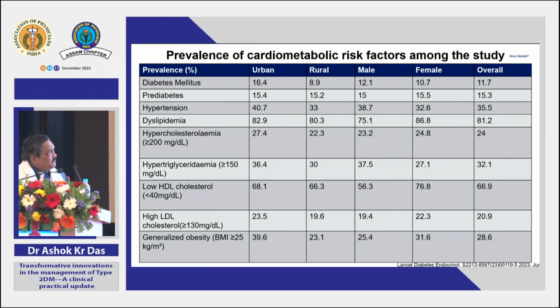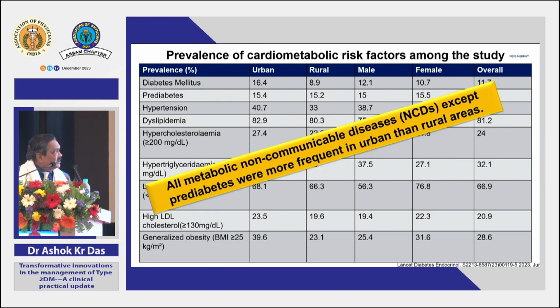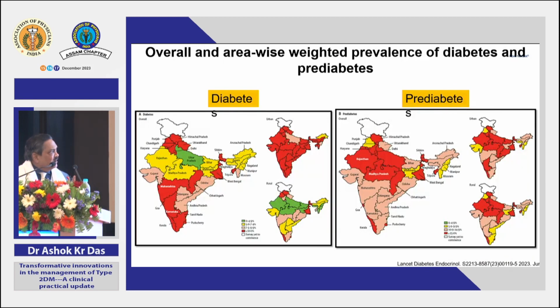You can find the urban-rural divide, but again to draw attention, even though the diabetes was only 9% in rural areas, you find the pre-diabetes was 15.2, almost equal to the urban. And these pre-diabetics are waiting to become diabetic. Therefore, all NCDs were less in the rural areas than the urban, but pre-diabetes was almost similar or even a little higher.